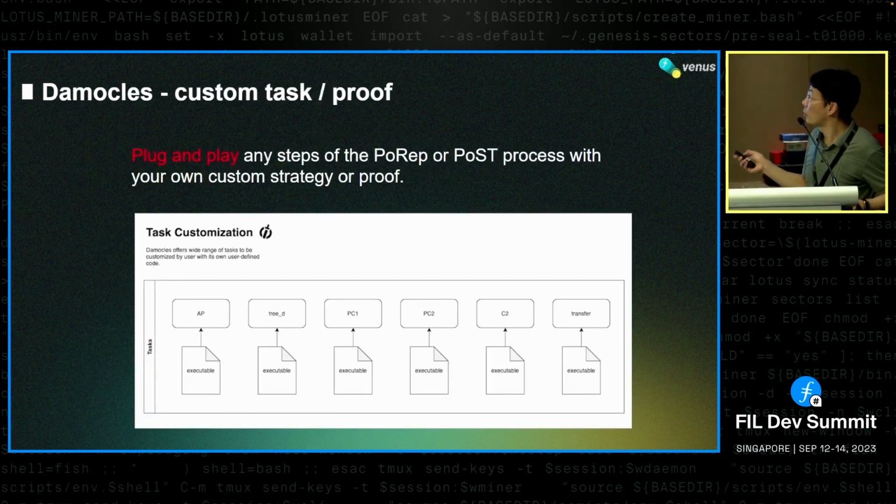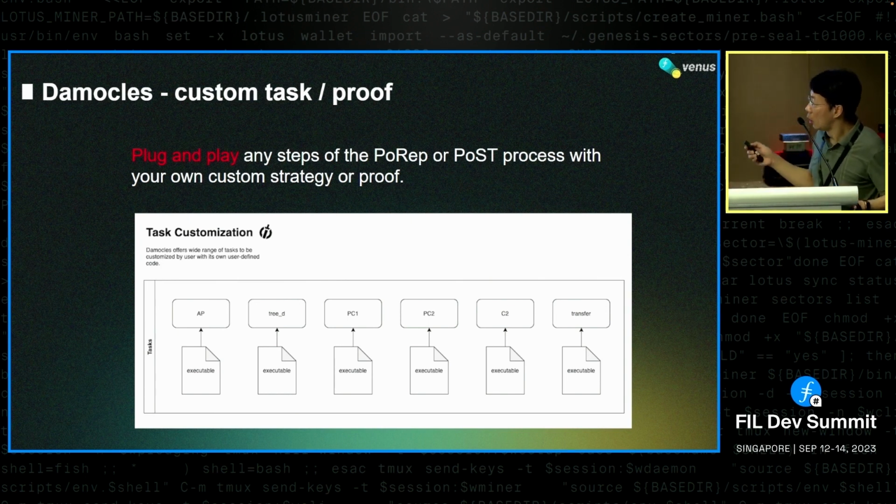Okay, one more important feature here for our sealing process, proving, is that we use a plug and play mechanism. So we know that in the whole sealing process, there are many steps. For example, adding piece and to do 3D, and we have the PC1, PC2, C1, C2, right? You need to move the data from one storage to another storage.